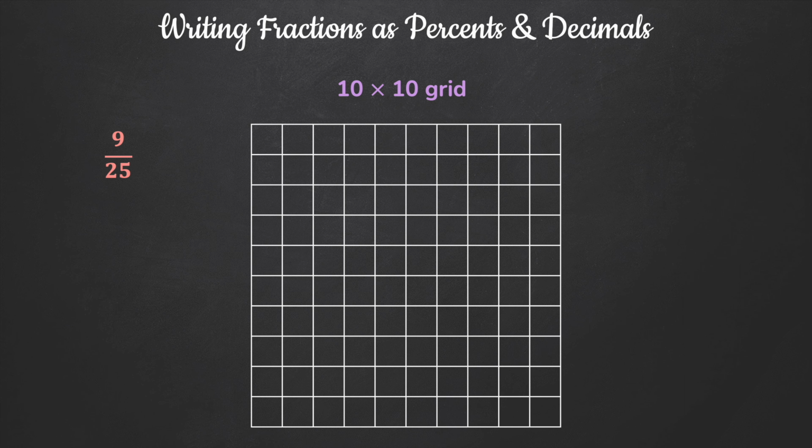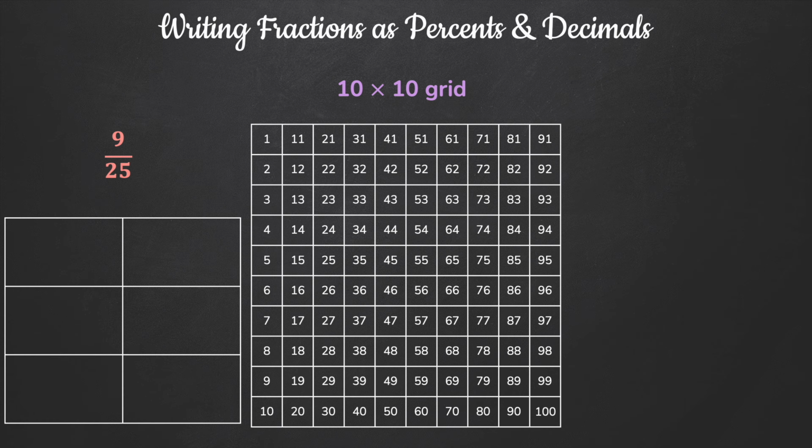Next, we have the fraction 9 over 25. And again, we're going to take that fraction and make sure that it's out of 100 to make it easier for us to write it as a percent and as a decimal. And in order to get this denominator to be 100, we're going to go ahead and multiply that by 4. And whatever we do to the denominator, we have to do to both the numerator and the denominator.